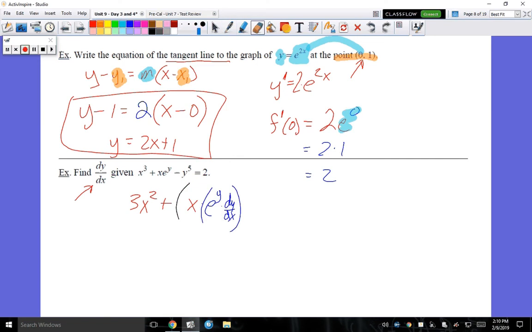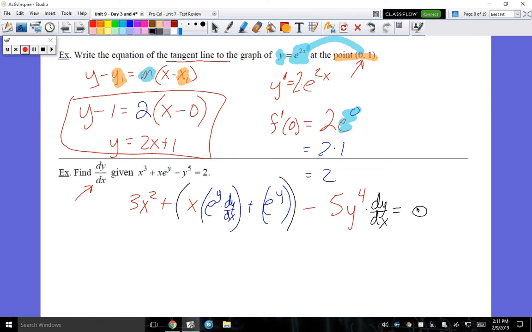So that's first times the derivative of the second plus the second times the derivative of the first, which is just 1. And you can write it in, or you can just close up the parentheses. Keep going with the derivative of y to the fifth is 5y to the fourth times, this is implicit, dy dx is equal to 0.